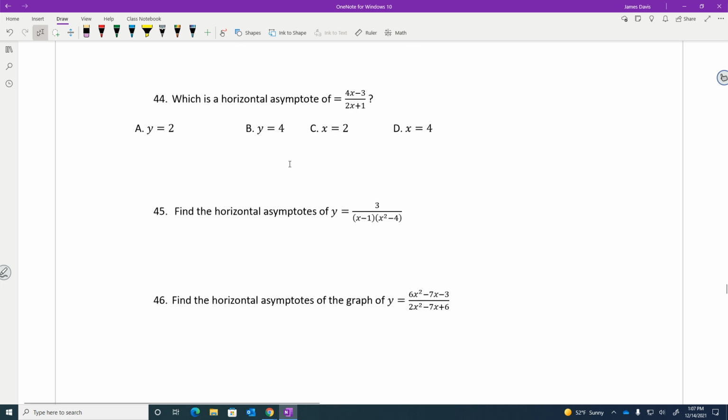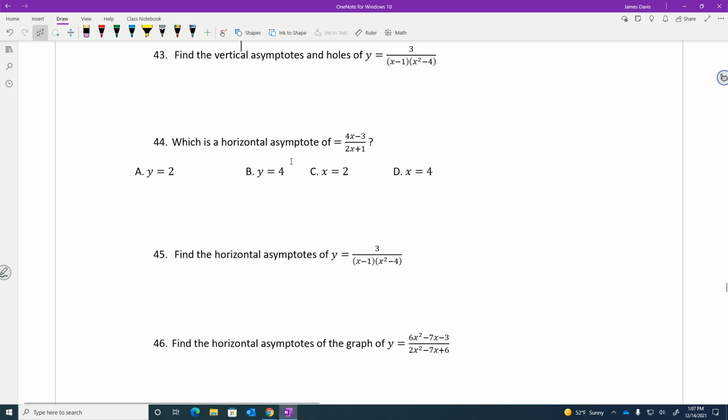All right, so this one also has a few rules. Anybody know what the horizontal asymptote for 44 is? Or how we find it? So for horizontal asymptotes, we're going to look at the powers on the top and the bottom. So with this one, notice how the power is the same. It's an x to the first power and x to the first power on the top and the bottom. So in this particular one, where the powers are the same, we write out our rules here.